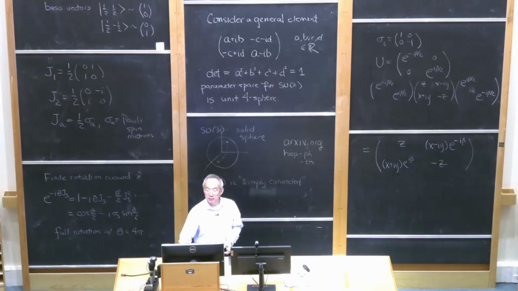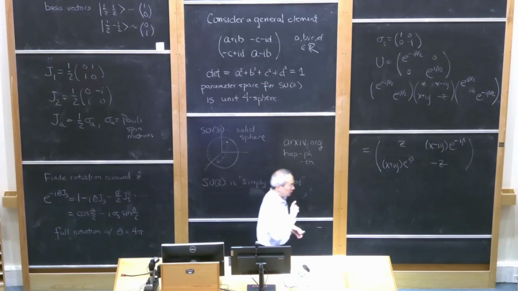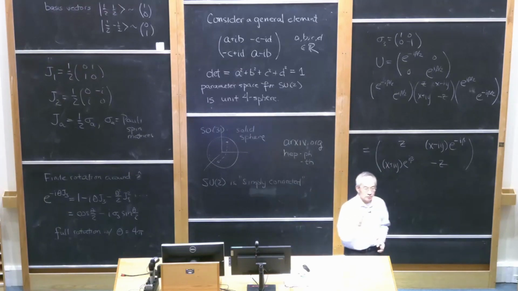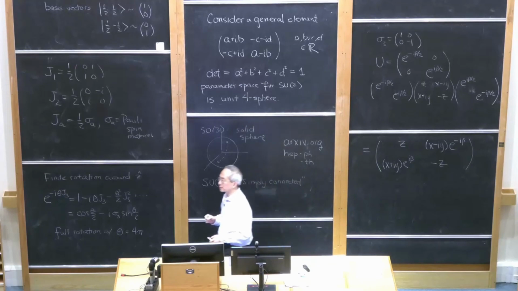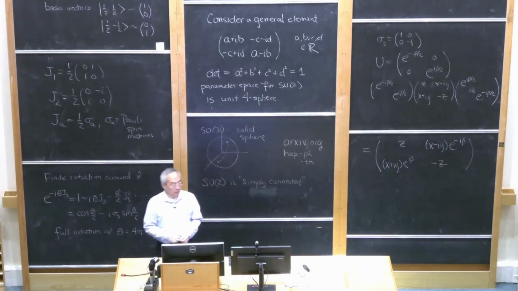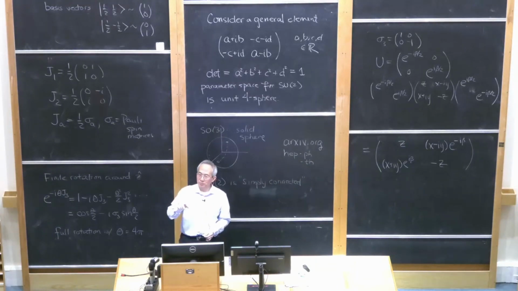Yeah, let's see. Oh, one other reminder that I do have to mention. The analogy with rotation is so strong that you will actually see this come up in a number of different places. So in particular, have you seen this concept of isospin in nuclear physics yet?